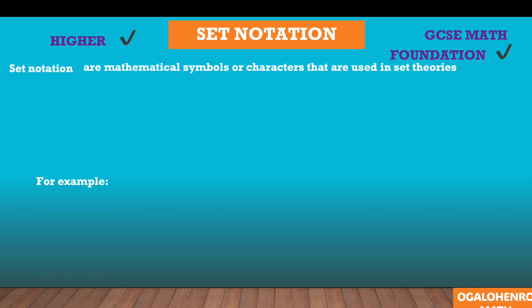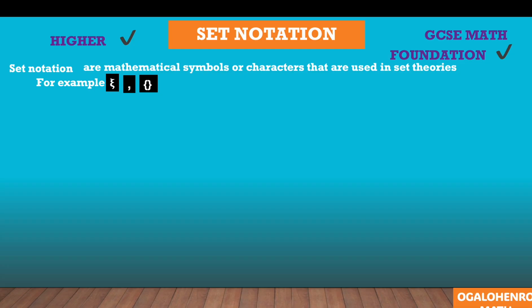For example, we've got the universal set symbol, and also the comma, which is used in set notation to separate elements, and the brace to enclose our elements.